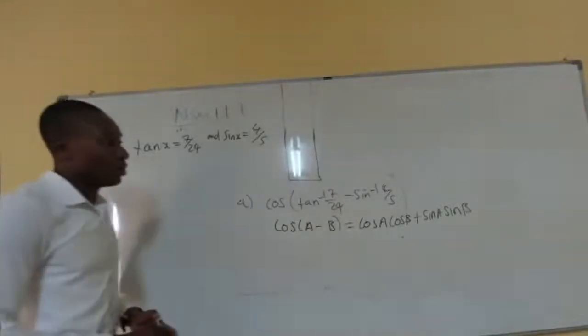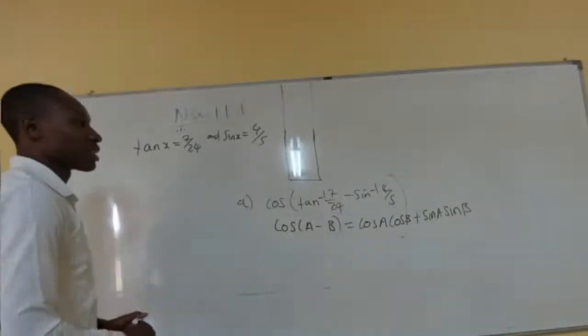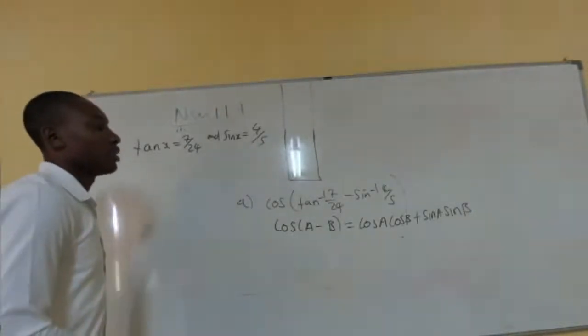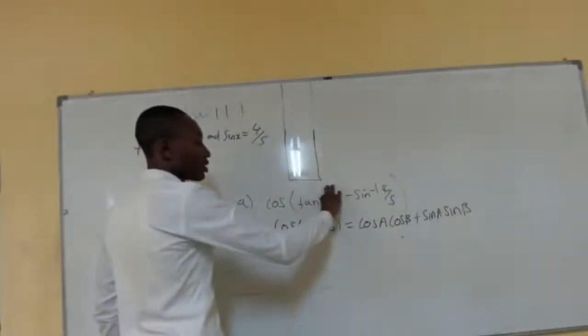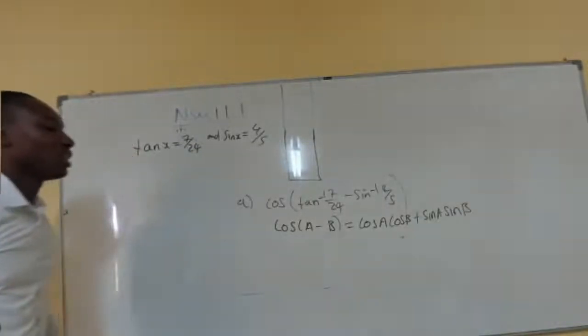Now we can replace that with the actual ones which we have. In this case, we know what cos A is, and we also know what cos B is.